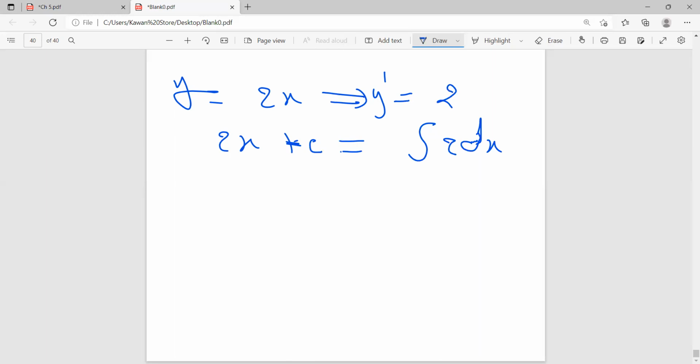Any question? Do you know why we use the integral? Just get the idea.